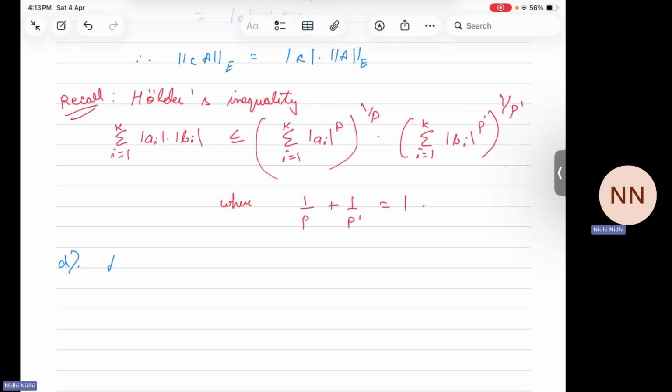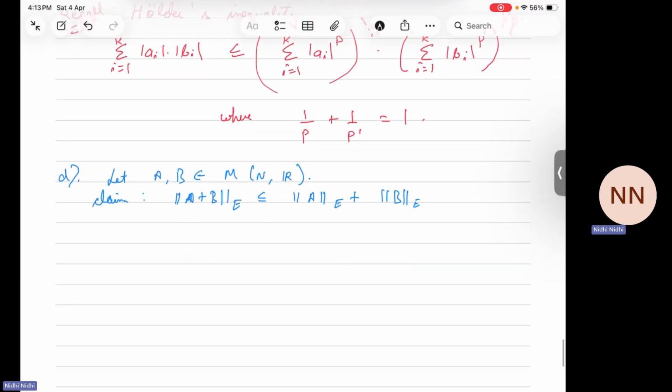Let A and B be two matrices in M_n(R). So what do we need to show? We claim that the norm of A plus B is less than or equal to norm A plus norm B. So let's look at this norm of A plus B. We all know that adding two matrices means we add coordinate wise.